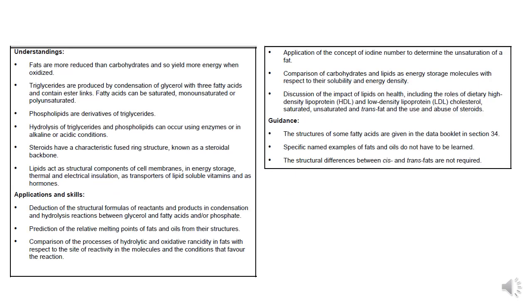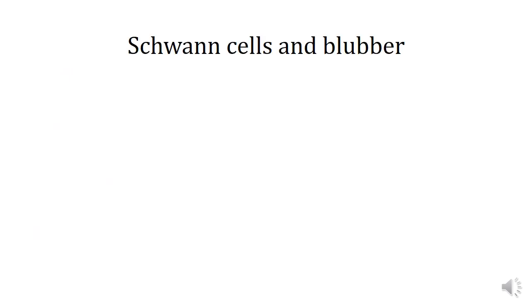So let's look at what this looks like in the study guide. Lipids act as thermal and electrical insulation. Okay, let's talk about Schwann cells and blubber. So let's go back to our pen.